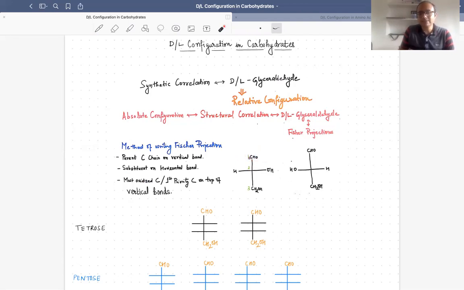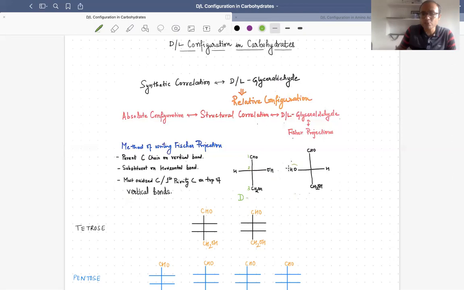Okay, so once I write it like this, the substituent, in this case the hydroxy group, is placed on the horizontal bond. Now when the OH group is on the right side, I know from our previous discussion that this configuration would be called D-glyceraldehyde.